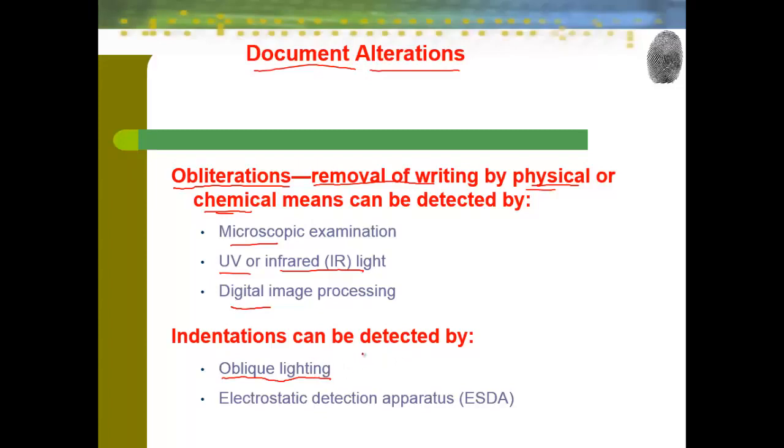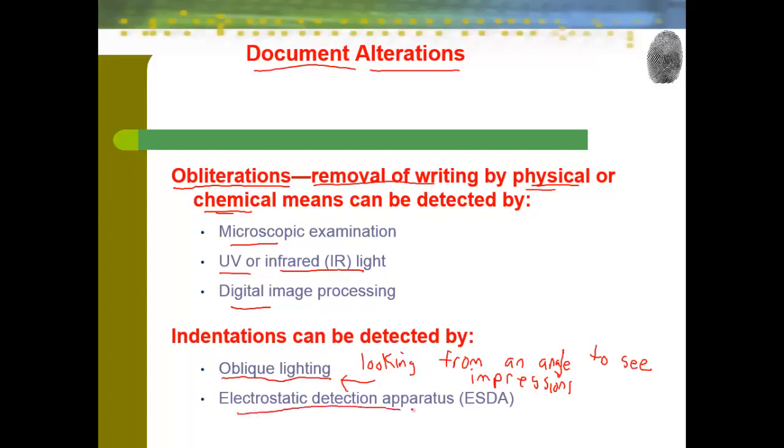And so oblique lighting is looking from an angle to see impressions left. And so we could see if something's been written there.